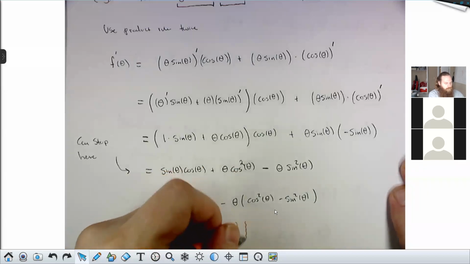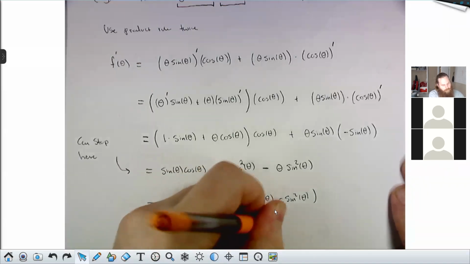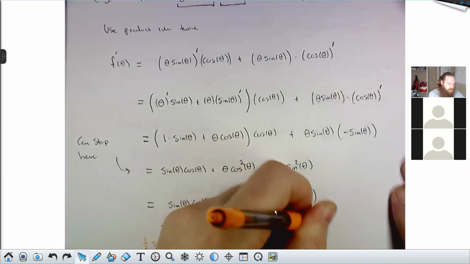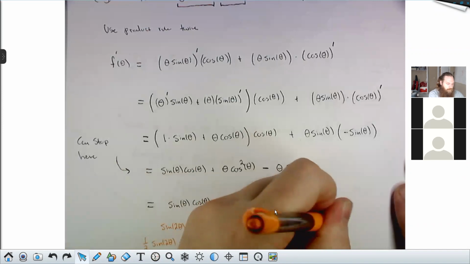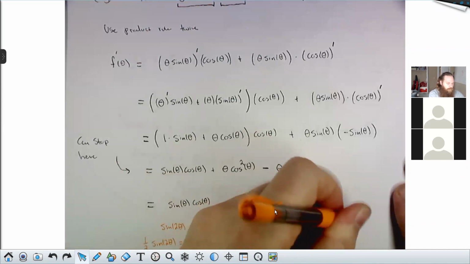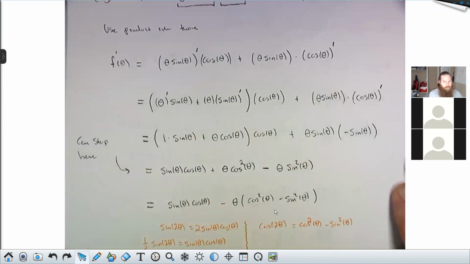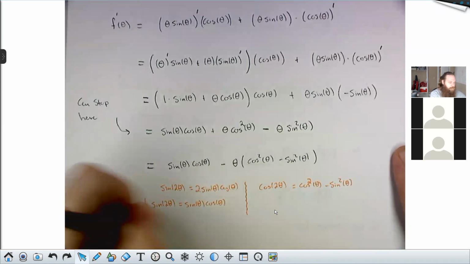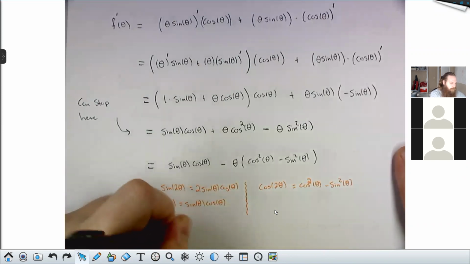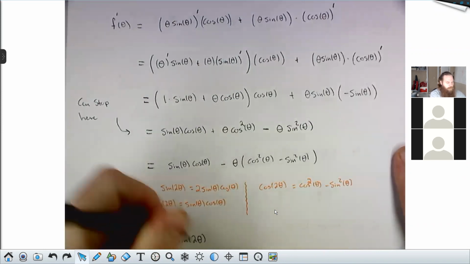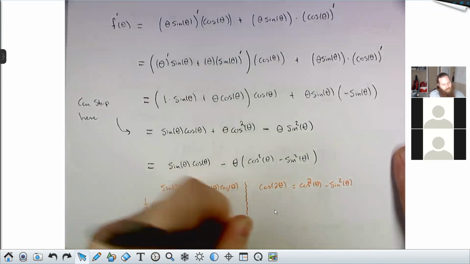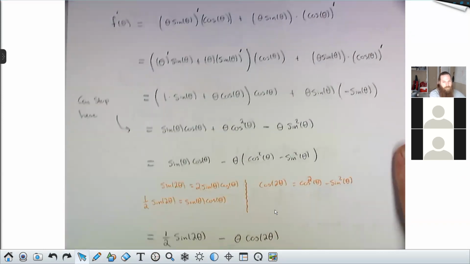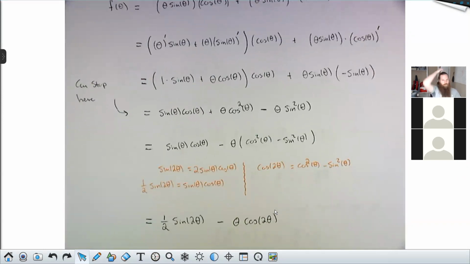And on the other side, you know that cosine of 2 theta, double angle for cosine, is cos squared theta minus sine squared theta. So you could rewrite this piece as cos 2 theta. So if you wanted to, you need not do this, but you could. You could rewrite this as 1/2 sine of 2 theta minus theta times the cosine of 2 theta. Just a little bit of practice in using your trig identities.